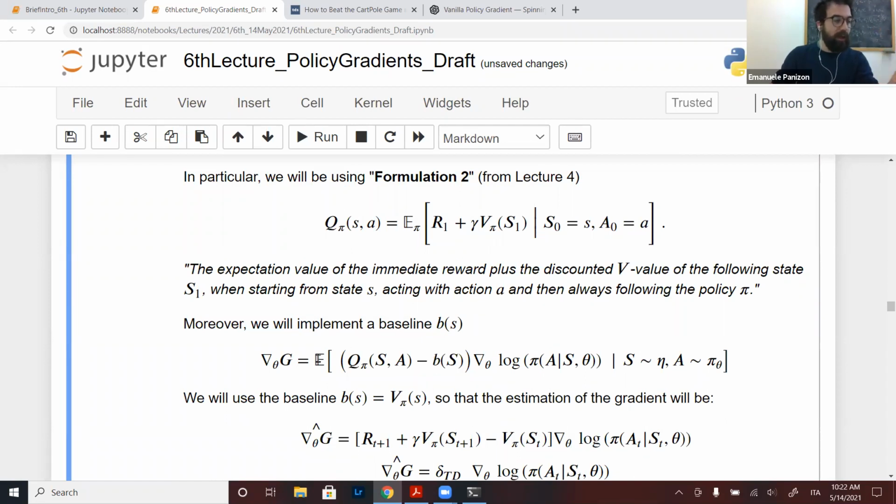So we are computing the expected value of some function of S times the derivative of the probability divided by the probability. But the expected value is the sum of the probability times the derivative of the probability divided by the probability. So the probability cancels out, and you have the sum of some function of the state times the variation of the probability of doing the action A, over all actions A.